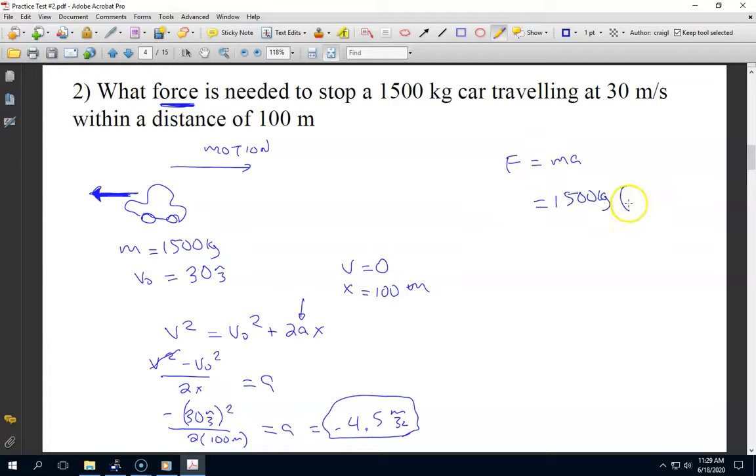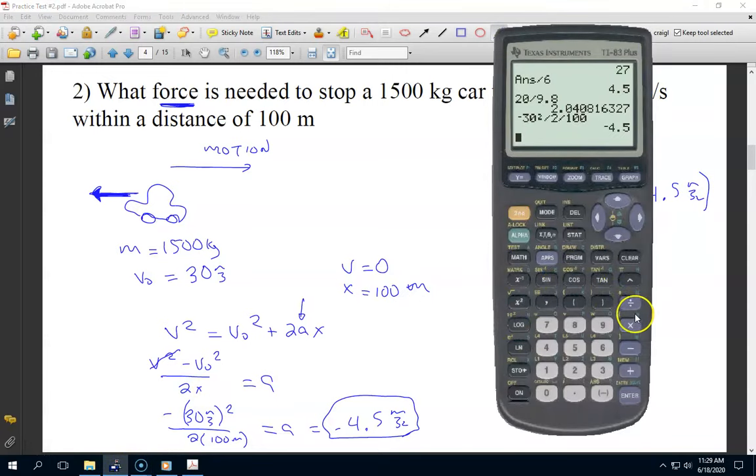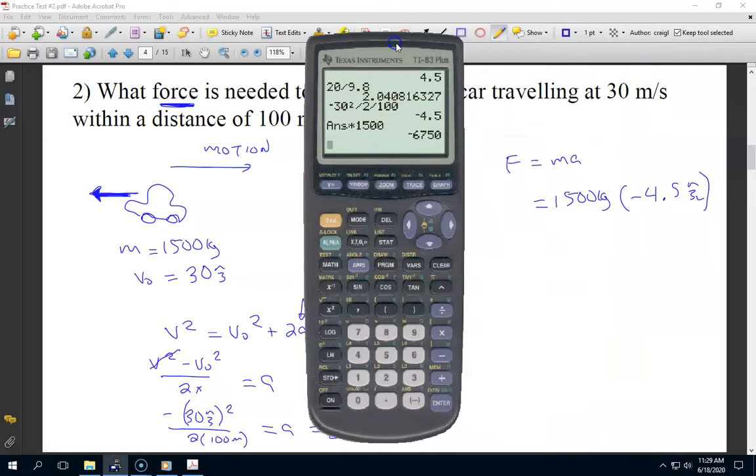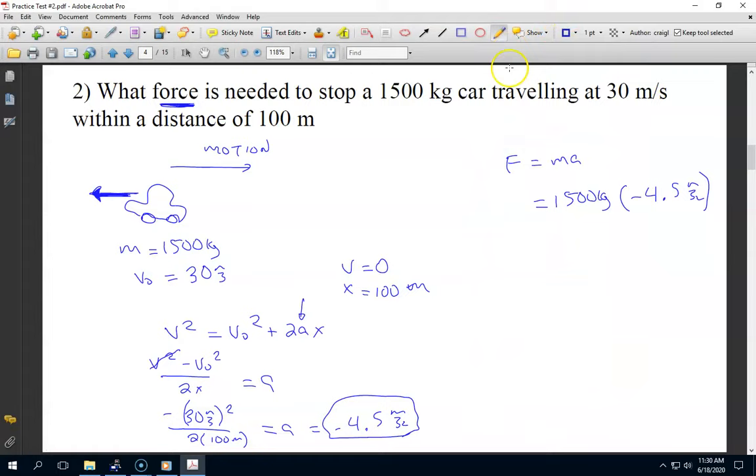It's decelerating at negative 4.5 meter per second squared, and we can get a number pretty quick off of that. Just go right here, times 1,500 would be negative 6,750 newtons. The negative, of course, means to the left, backwards, opposite the direction of motion.